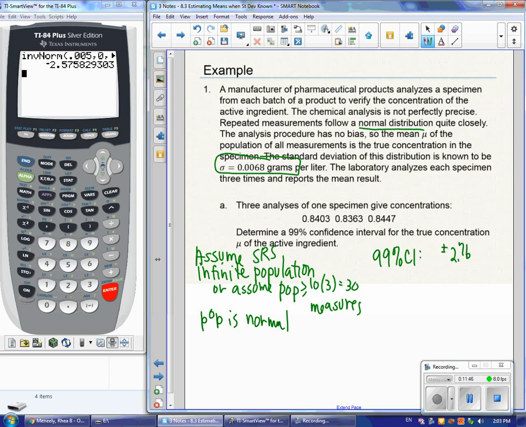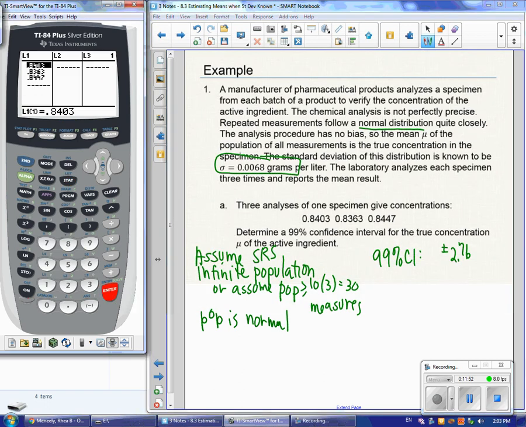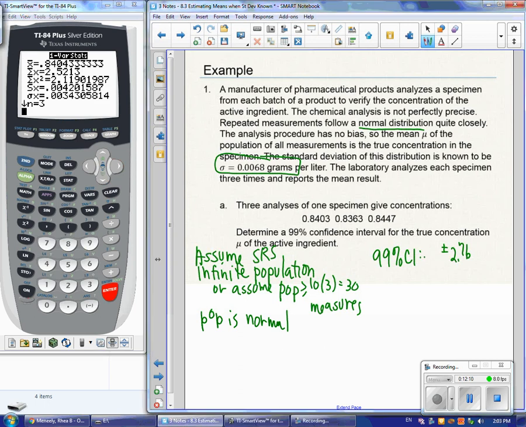I need my estimate, though, and it's not given to me in the problem, but because I have the 3 measures, I've put those values into a list. So if I simply do my one variable statistics command with list 1, I get an X bar of 0.8404.